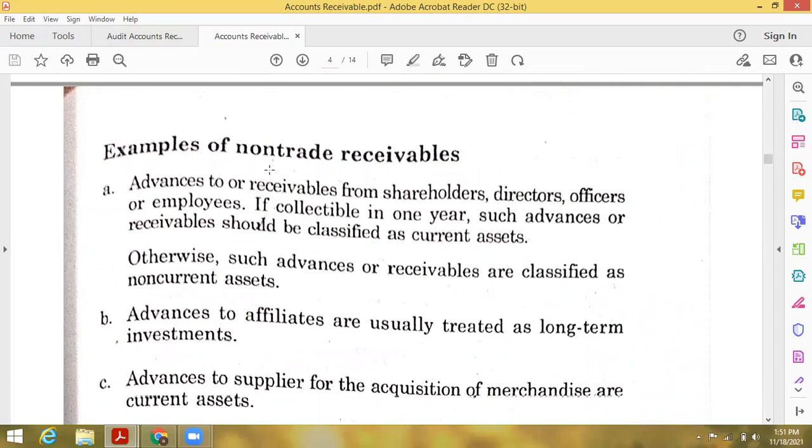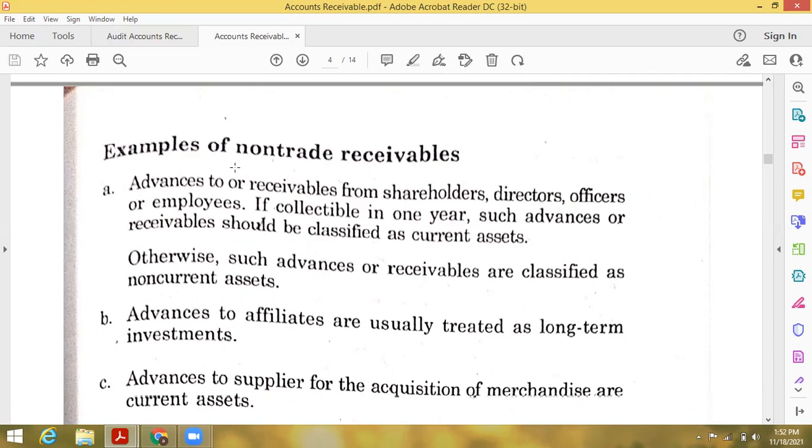So, first is advances or receivables from shareholders, directors, officers, or employees. So maybe the employee borrowed. Sorry, not a "bale", because a bale is deducted from salary. The employee took a loan, the shareholder, the director, the officer borrowed. So that is called advances to officers and employees.